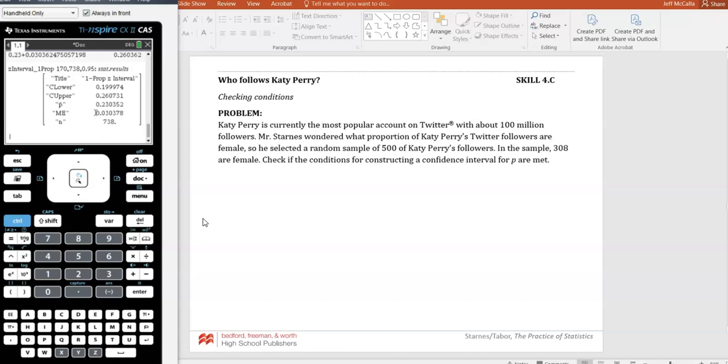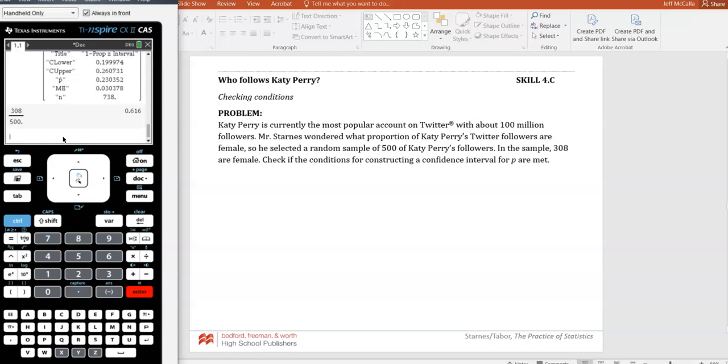So what are the three conditions? So is this a random sample? It does say random sample. I love it. Okay, so that's great. Is that less than 10%? So 500 is less than, she has more than 5,000 followers. Yes, that's less than 10%. And then you would check the np and nq. So this would be 308 divided by 500.